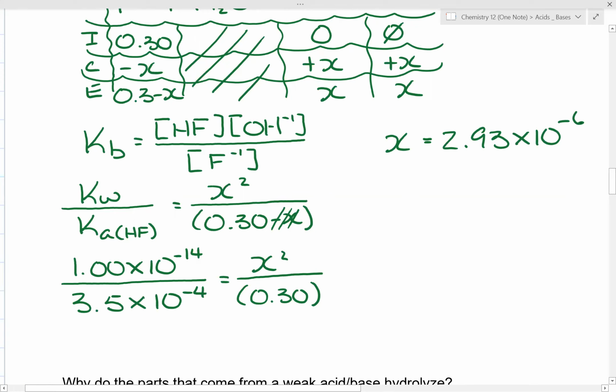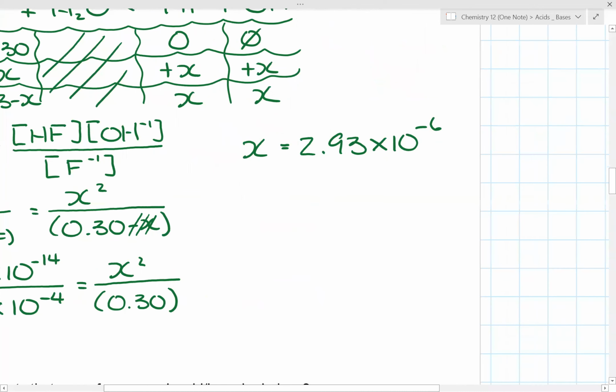Okay, I'm just going to double check. That's right. Now, this is equal to the concentration of OH minus 1.